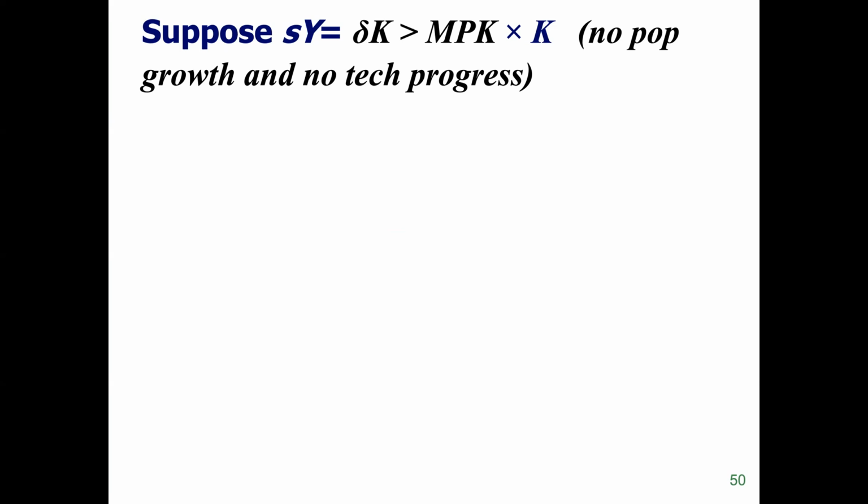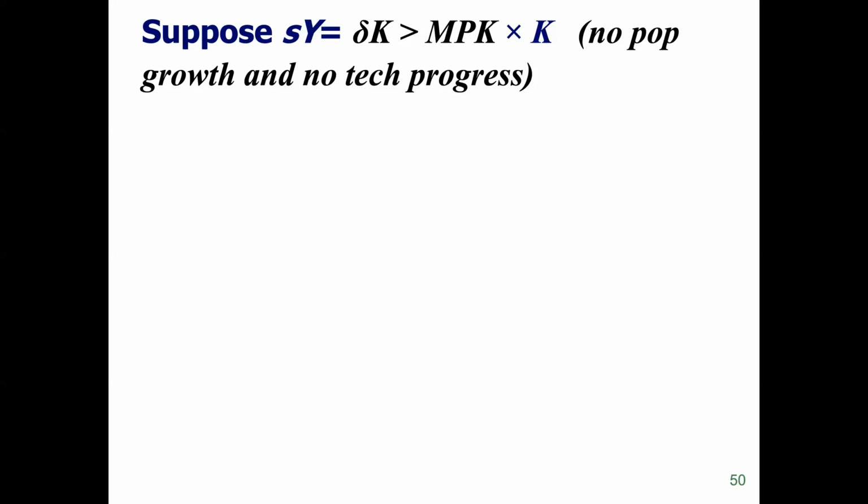Oh, I'm sorry, this is not the golden rule. So little s times big Y is equal to delta K. That says that investment, which is s times big Y, is equal to depreciation, which is delta times big K. And again, if we made it little y and little k, that would also be true. But what we have here is that investment equals depreciation.